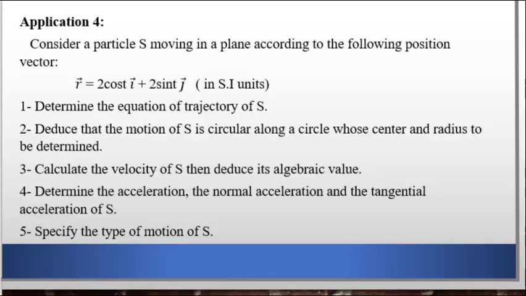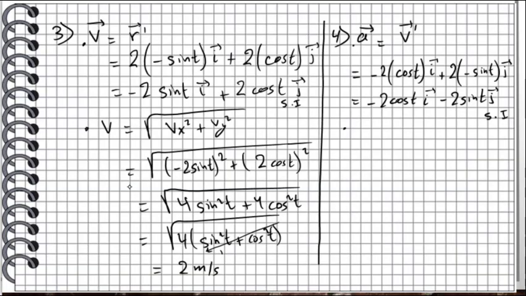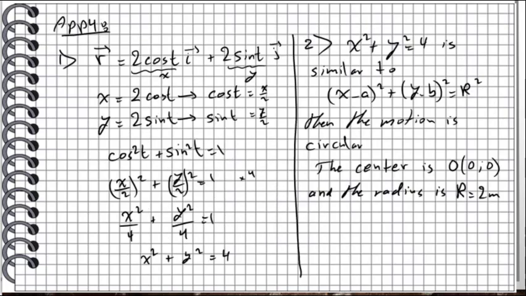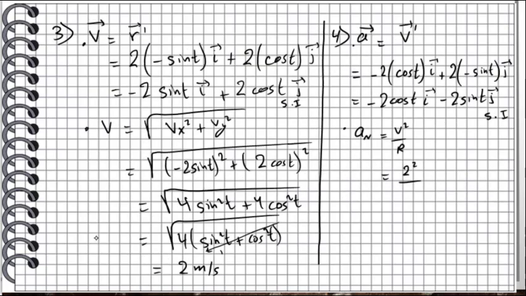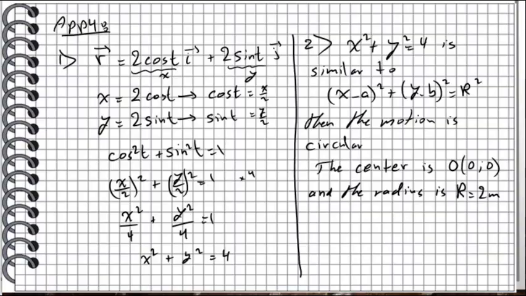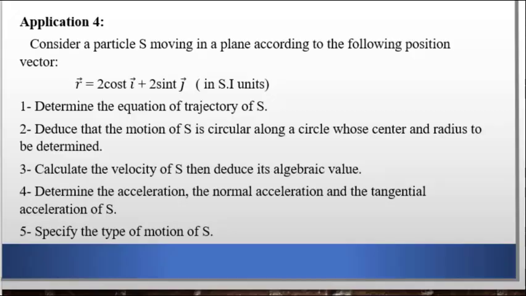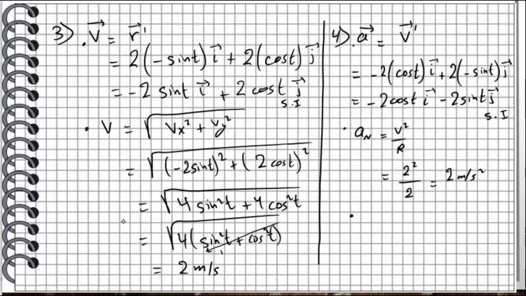The normal acceleration is simply v squared divided by the radius. V, I have it to be 2, and the radius, I have it also to be 2. So 4 divided by 2 is 2 meter per second square. About the tangential acceleration, he didn't say the value, so I have to write a vector here.